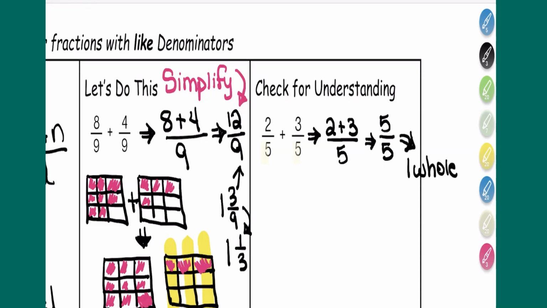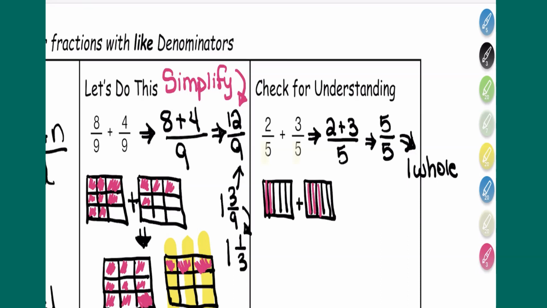Now let's draw some pictures to prove it. We have 1, 2, 3, 4, and that gives us 5 sections. So in this one, I have 1, 2 sections. In this one, I have 1, 2, 3 for my fraction.